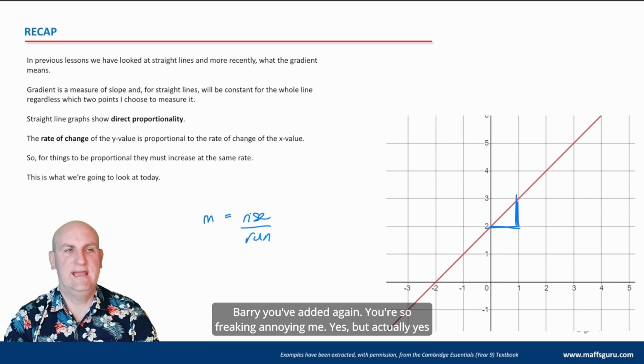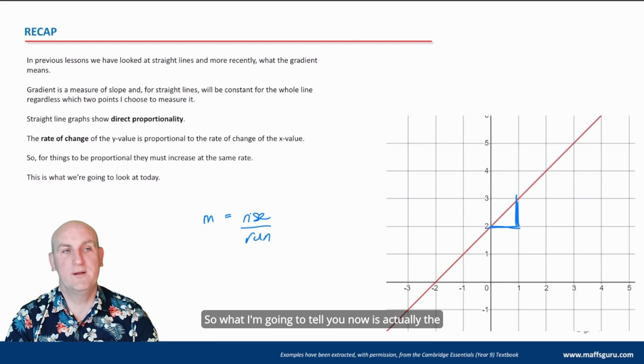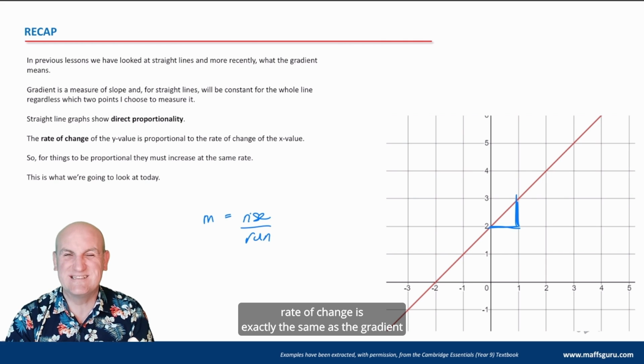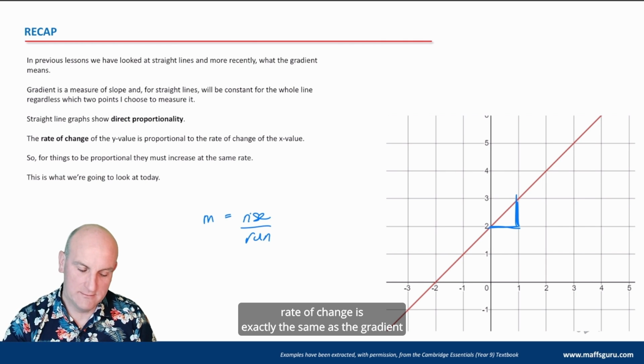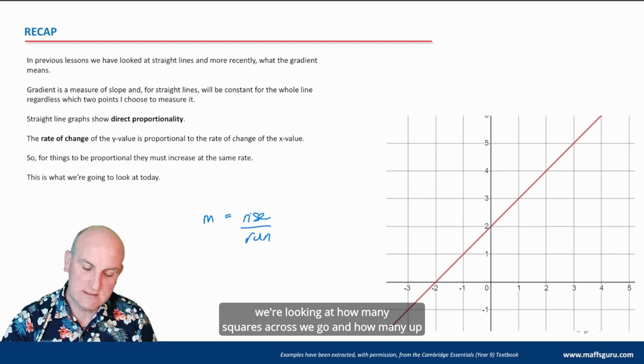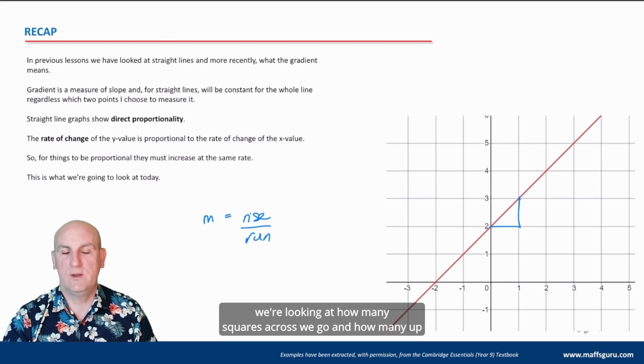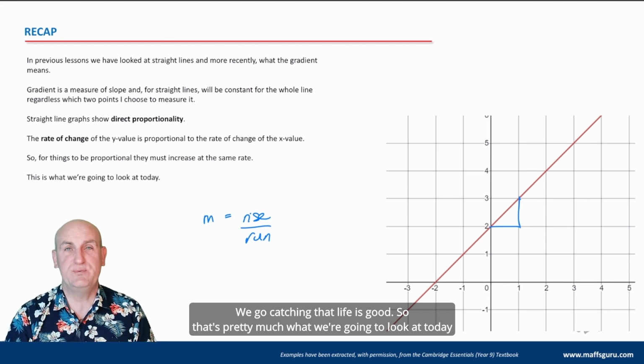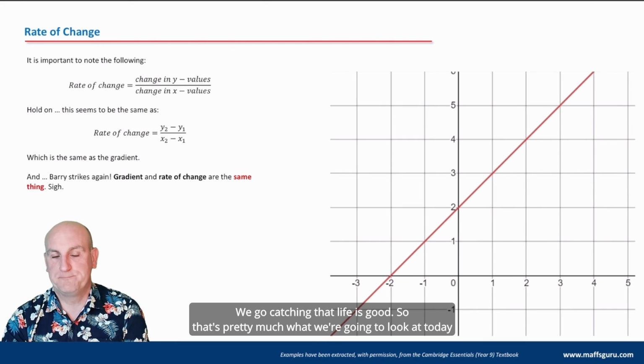Barry, you've done it again. You're so annoying, mate. But yes, the rate of change is exactly the same as the gradient. We'll come back to that in a moment, because if we're looking at how many squares across we go and how many up we go, ka-ching, life is good. So that's pretty much what we're going to look at today.